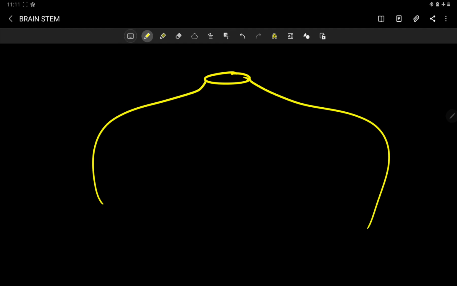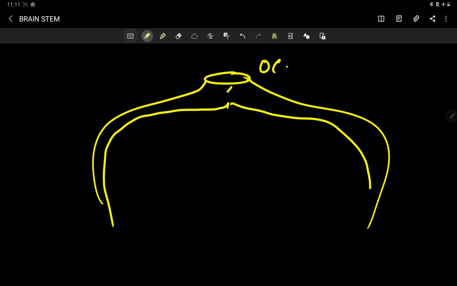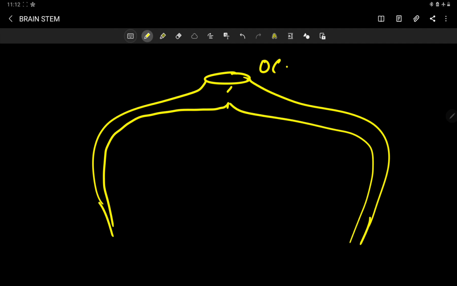If you want to draw this diagram, it does not matter. Let's draw. This is your optic chiasma, and here is your optic tract.